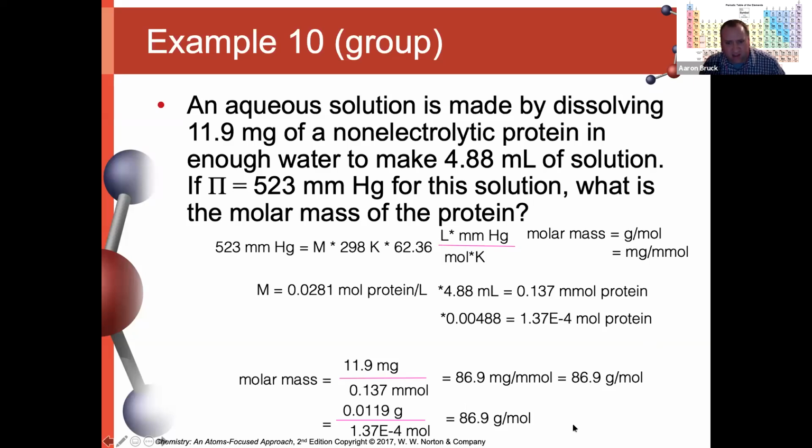In this case, 86.9 grams per mole would be the molar mass, which for a protein is actually really, really small. Most proteins have molar masses in the thousands of grams per mole, not in this small range. Right. Any questions about molar masses using osmotic pressure? No.